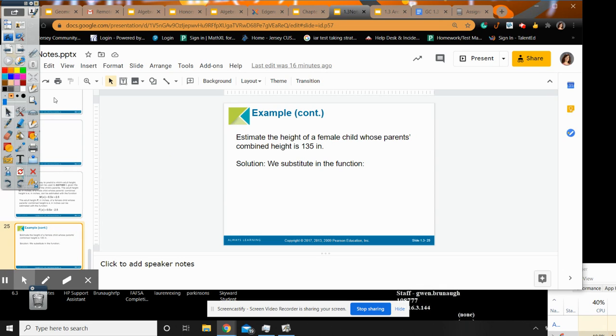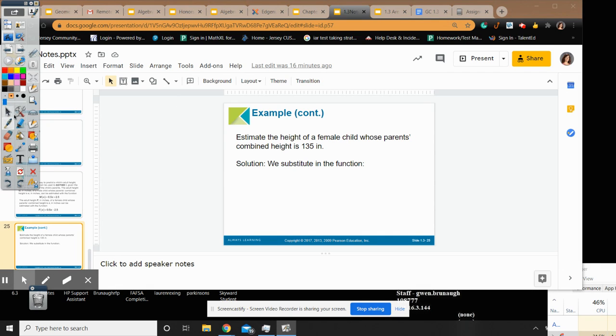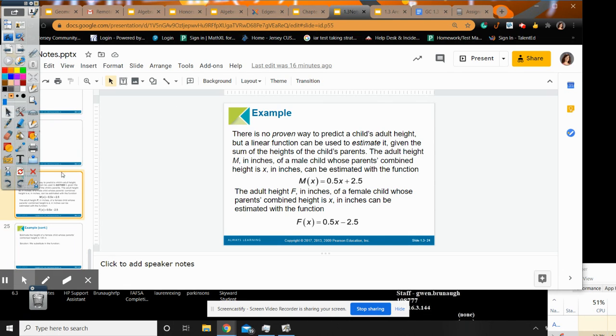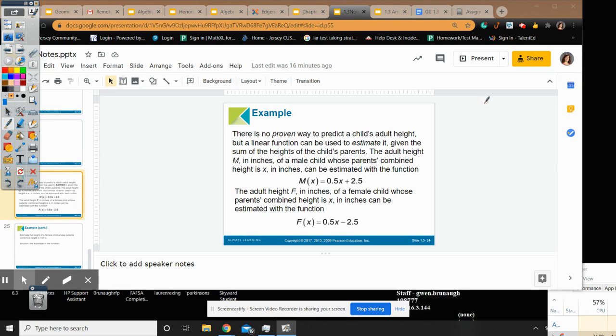Estimate the height of a female child whose parents' combined height is 135 inches. So the combined height is 135 inches, and they want a female child. So we need to figure out what formula we're using. We're going to use this one. We're going to plug 135 in for x, which is the combined height.